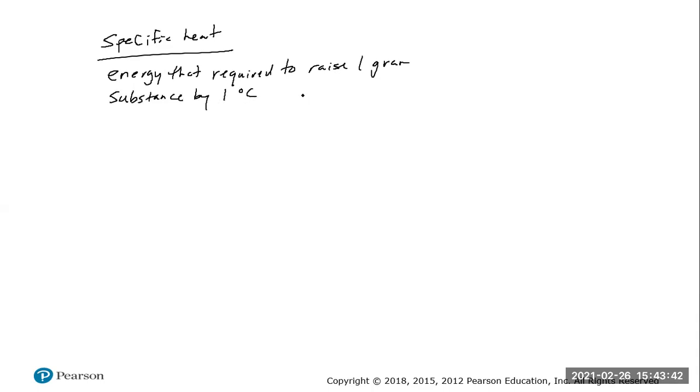It's a very similar definition to what a calorie is, which we saw earlier in the chapter. A calorie is the energy required to raise 1 gram of water by 1 degree Celsius.